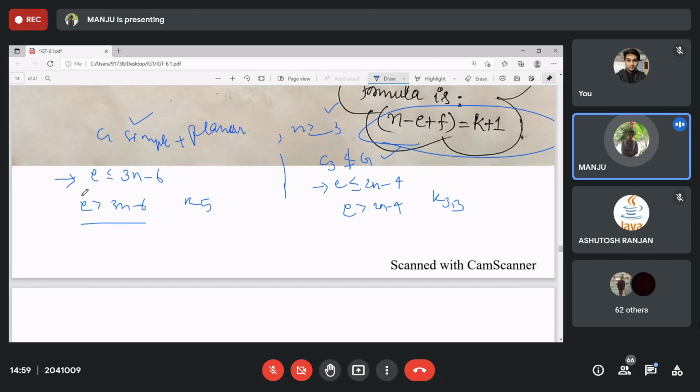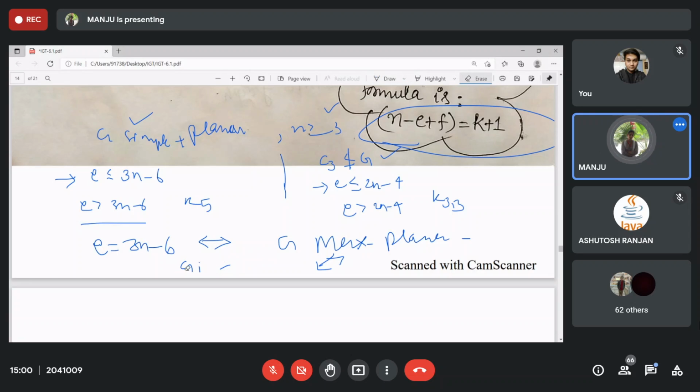Yeah. One more thing: if E is exactly equal to 3n minus 6, then for a planar graph, what can you say about this one? G will be a maximal planar graph. Okay, maximal planar graph, if and only if G has a triangulation.